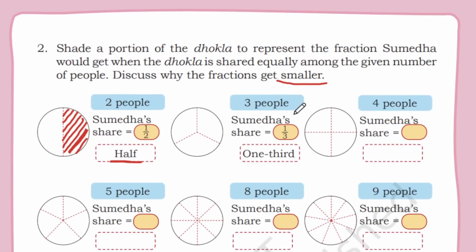Next, if 3 people are there, Sumedha's share is 1/3. This is the 3 parts of the Dokla, so 1/3 will be Sumedha's share, and this part will be Sumedha's share. Okay, next, 4 people came. Sumedha's part will be 1 by 4, written as 1/4.